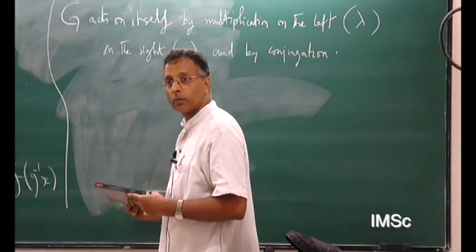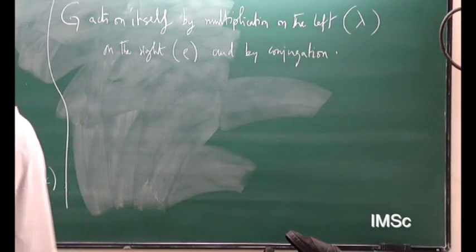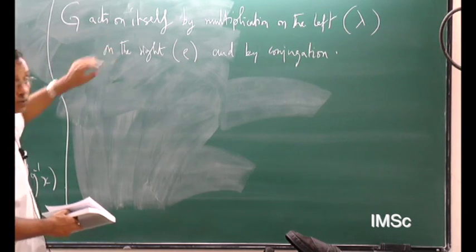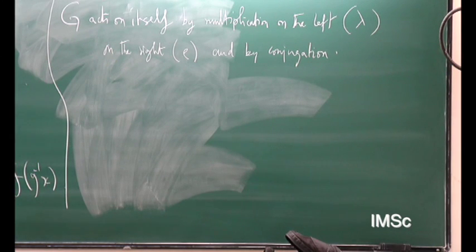Okay, so now look at this and combine this with this. If G acts on X, it acts on functions. So here G is acting on the left, on the right, and by conjugation. So there is a corresponding action of G as a group on functions on G. Let me take them to be k-valued functions.